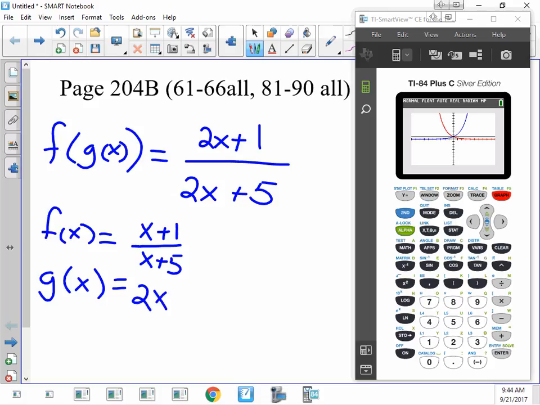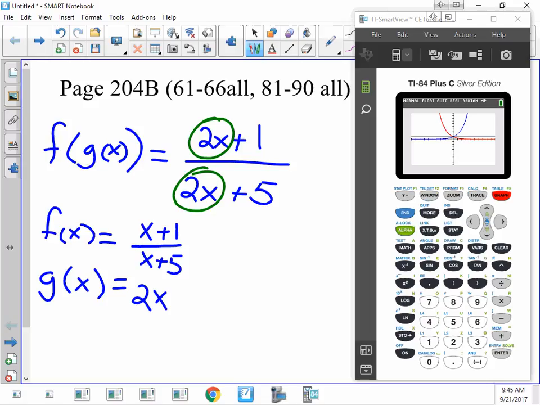Do you see that? So if this were an x and that were an x, then when I put g into f, I end up with 2x plus 1 and 2x plus 5. Okay? Do you see? Not yet?